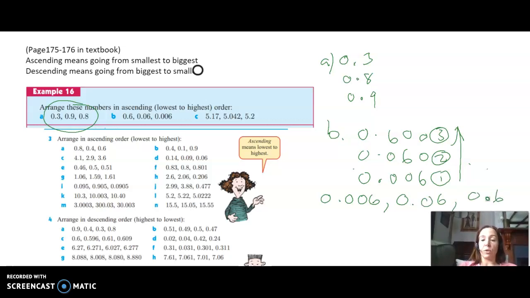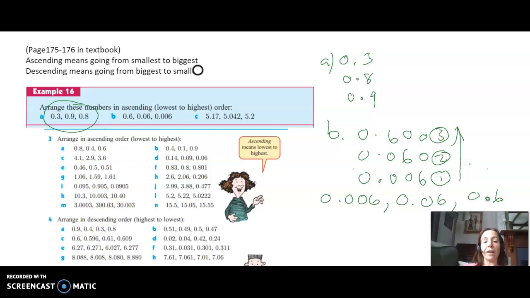If you put them all with the same number of decimal places, all you have to do after that is think, if you just ignored the decimal points, which is the smallest to the biggest, that is the same order that the decimals are from the smallest to the biggest as well. Because this is 6 thousandths, this is 60 thousandths, and this is 600 thousandths. That makes more sense when you're putting them in order.